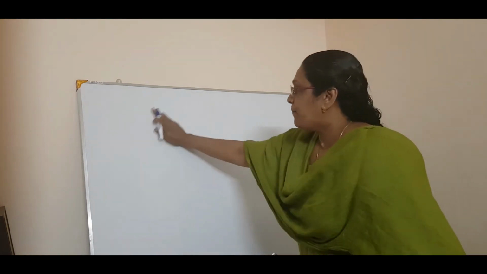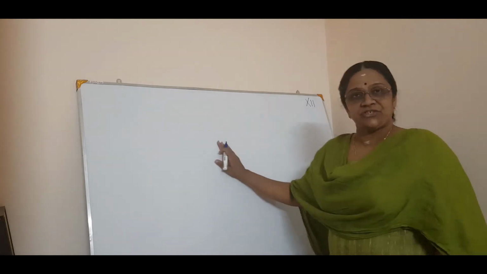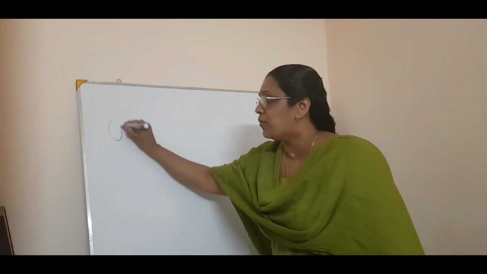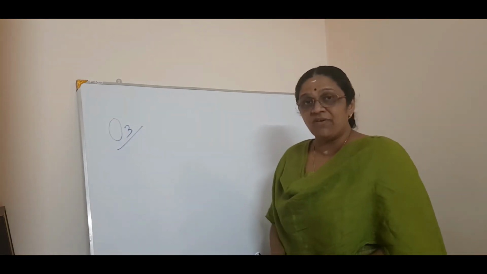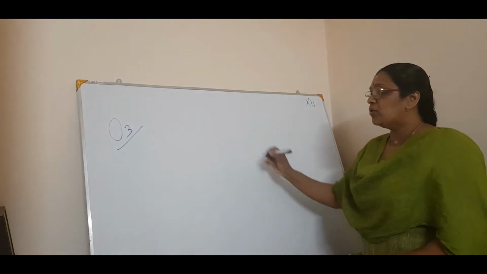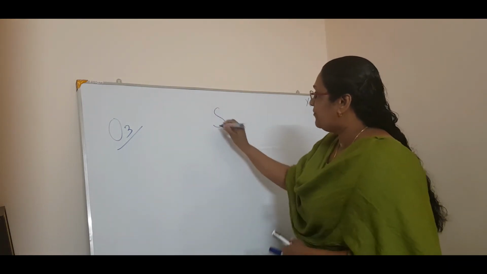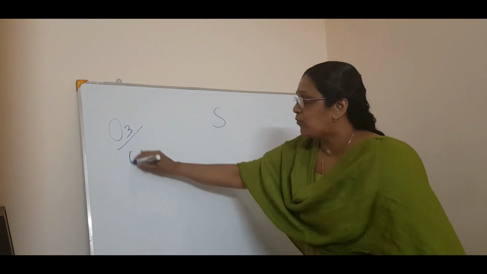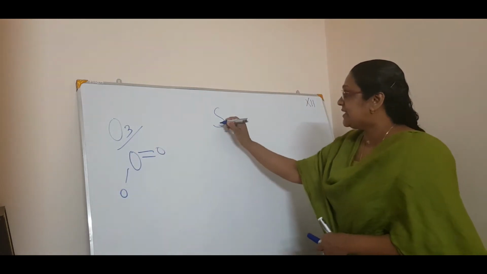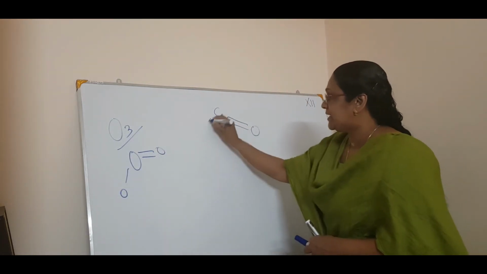Okay. Now comes the structure. And structure also has a similarity with ozone. If you have covered the ozone portion, you will know that. See how it goes. Ozone is like what? Ozone, double bond O and single bond O. The same is this, that is sulfur dioxide is this.